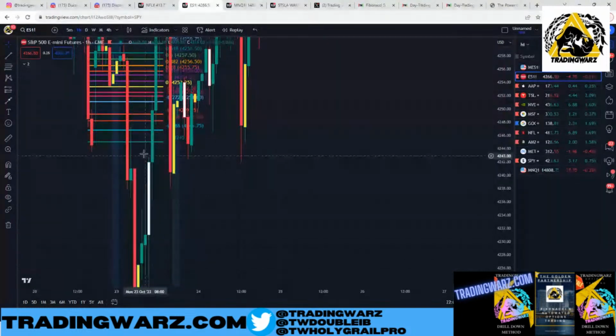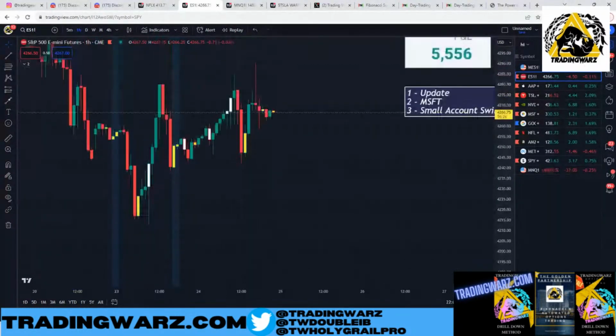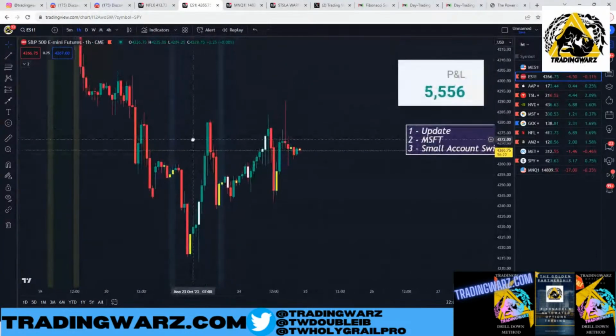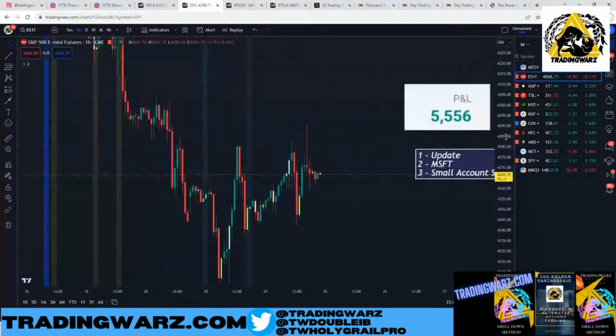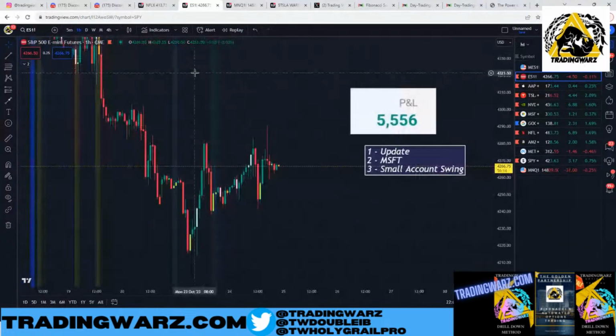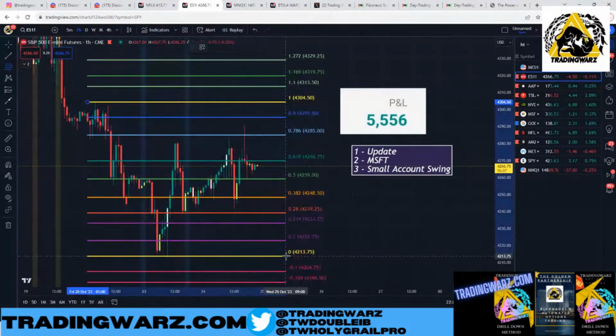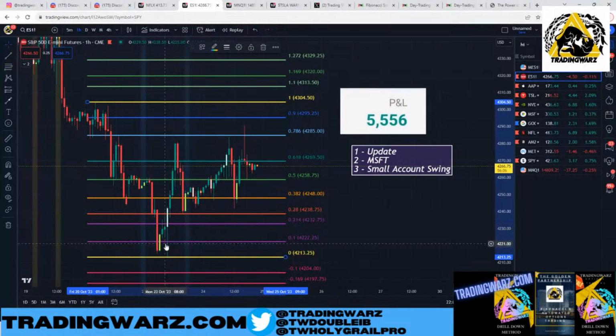So obviously I did not take that short because I was sleeping and I didn't see the setup, but that was a very tight range with a nice big breakdown. So what I did do from there, guys, is I took our last significant anchor, which was right up here, and I took the Fibonacci from the high going into the low for Monday.